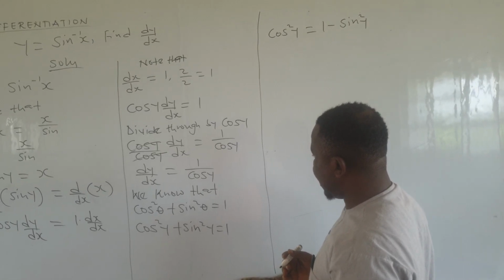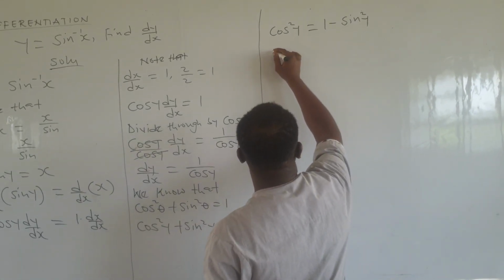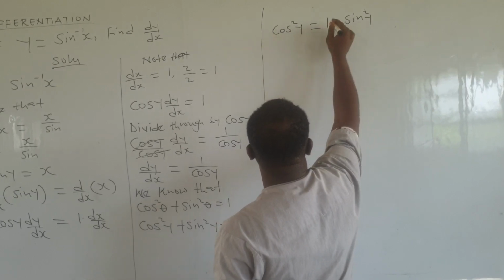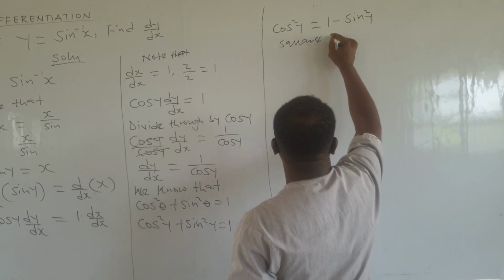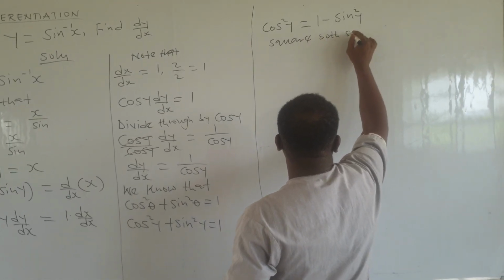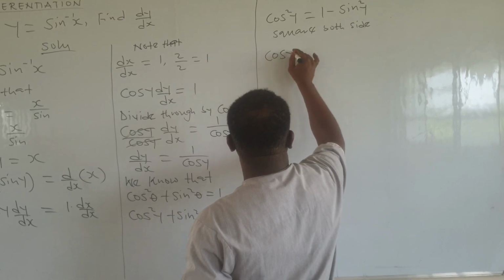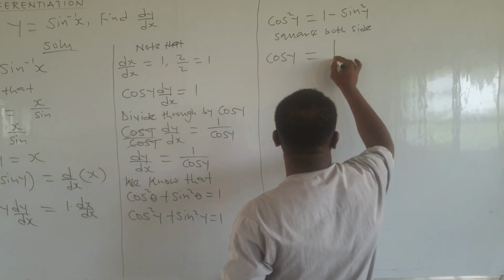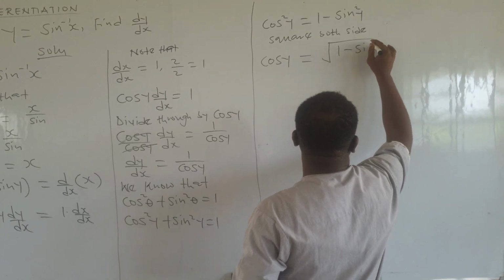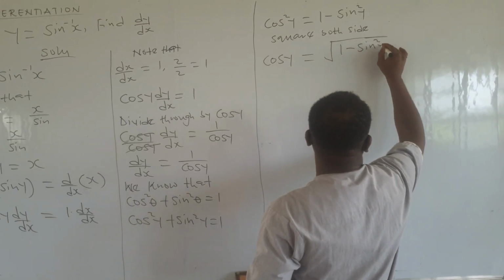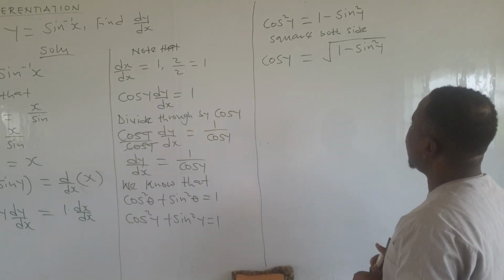So it means we are going to take the square root of both sides. If we do, we will have cos y equal to the square root of 1 minus sine squared y.